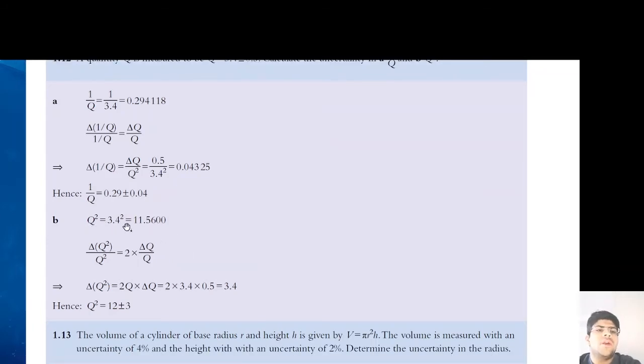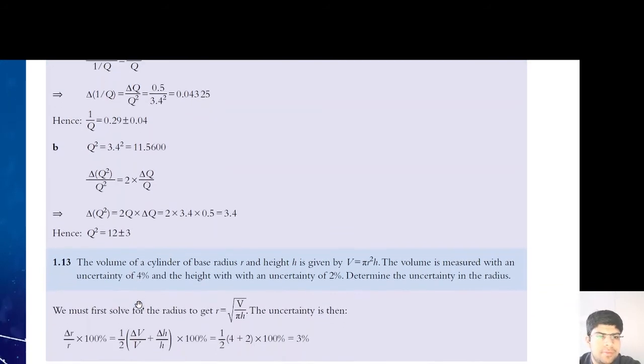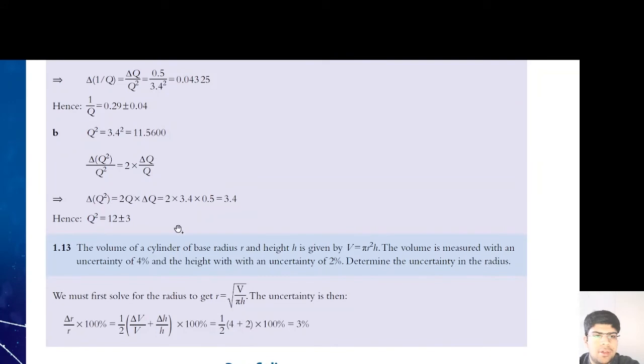Then q squared equals 3.4 squared, which equals 11.56, and delta q squared over q squared equals 2 into delta q over q, so delta q squared equals 2q into delta q, which equals 2 into 3.4 into 0.5, which equals 3.4, and q squared equals 12 plus or minus 3. So we get the answer.